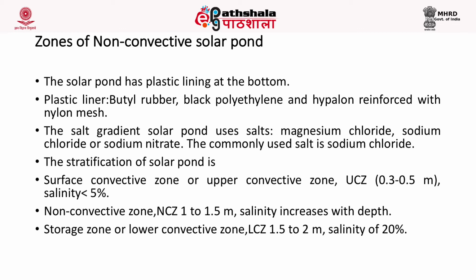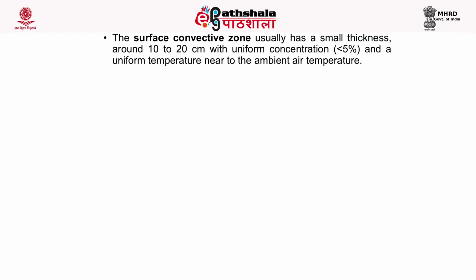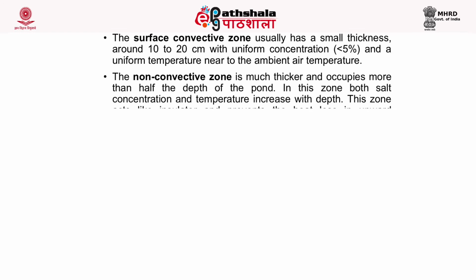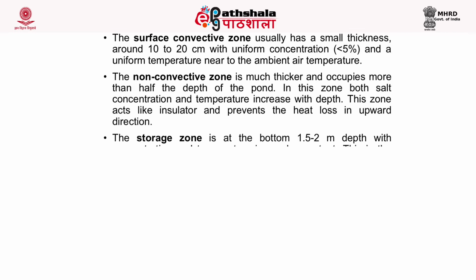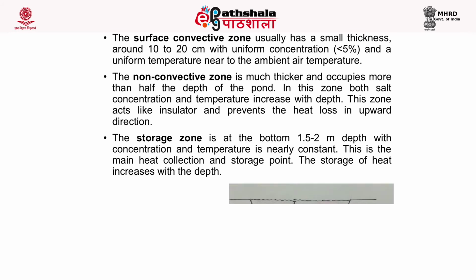In the storage zone or the lower convective zone, the depth is 1.5 to 2 meter and the salinity is 20%. The surface convective zone has a small thickness with uniform concentration, that is 10 to 20 centimeter, with uniform concentration less than 5% and a uniform temperature near the ambient air temperature.